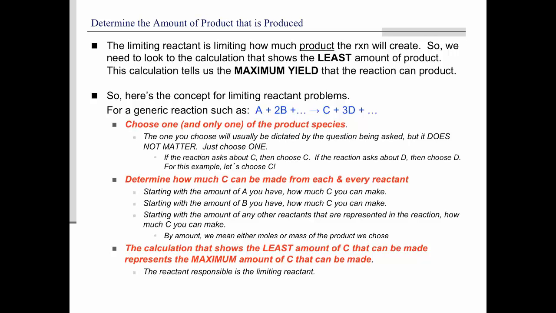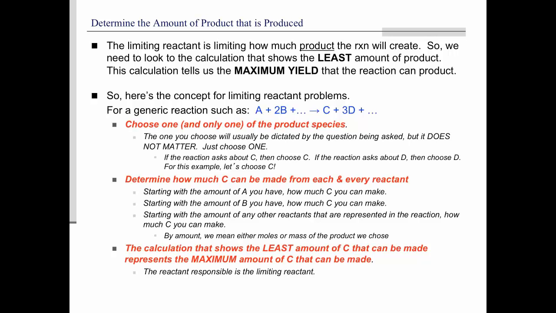This is often confusing for people, but remember, limiting is the lower, it's the least amount, so it makes the least amount of product for us. So the calculation we're going to do is going to tell us the most we can make of that product. Why is it the most we can make? Because we've run out of one of the reactants.